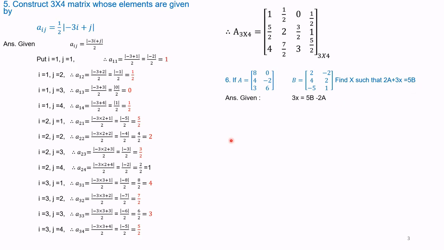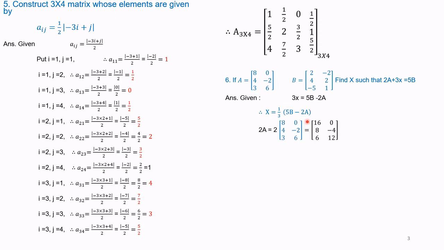Given 3X, we are not knowing 3X. So, we can rewrite the given equation as 3X is equal to 5B minus 2A. And this becomes X is equal to 5B minus 2A divided by 3. This we have to calculate using the given matrices.